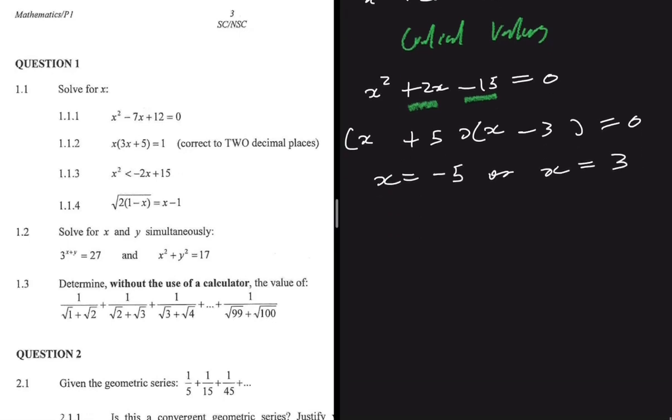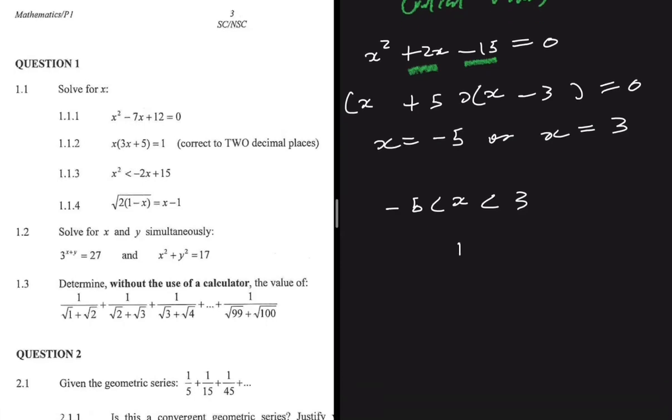So let me propose something to you. What if I say x is between minus 5 and 3? Is this the case? We cannot just conclude that that holds, right? We have to actually test it out and see if our inequality is going to be maintained. So for a number between minus 5 and 3, let's take 1, right?